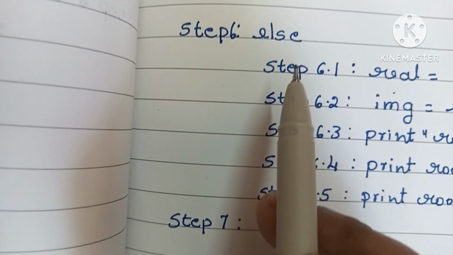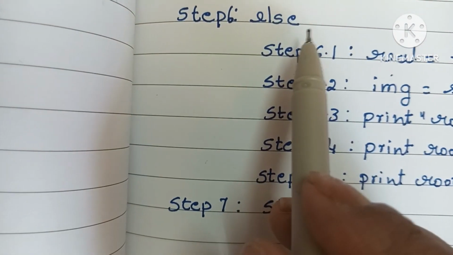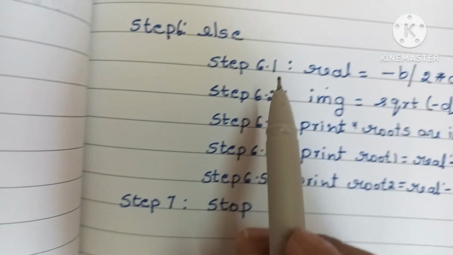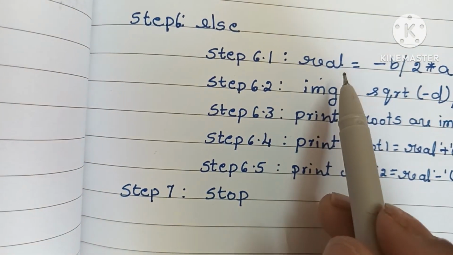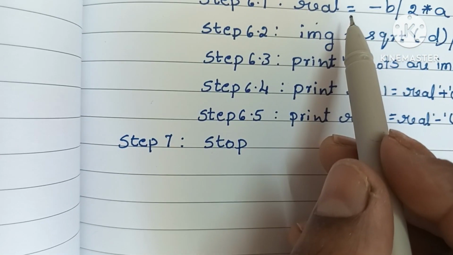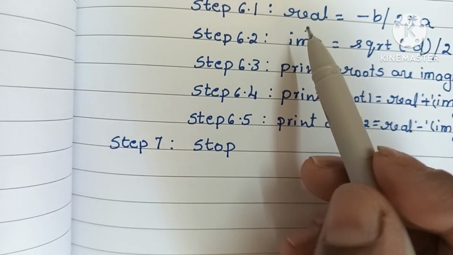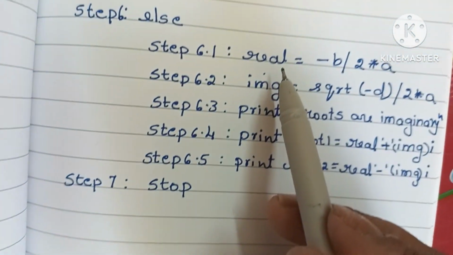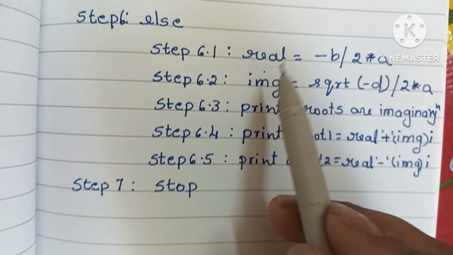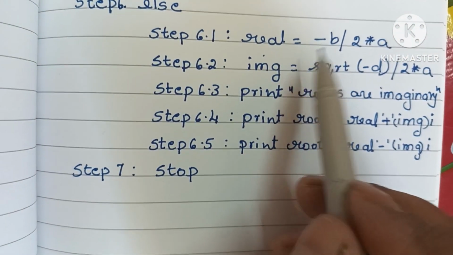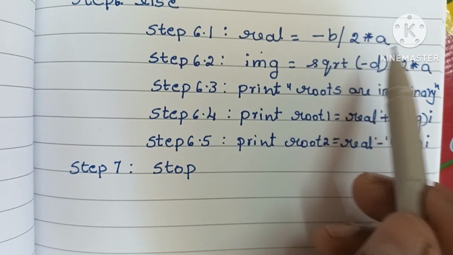Step number 6. If d value is less than 0 then it will perform else condition. So here step number 6.1 it will calculate real value. If d value is less than 0 the equation has two complex values. So here we have to calculate real and imaginary part of the roots. Real is equal to minus b divided by 2 into a.